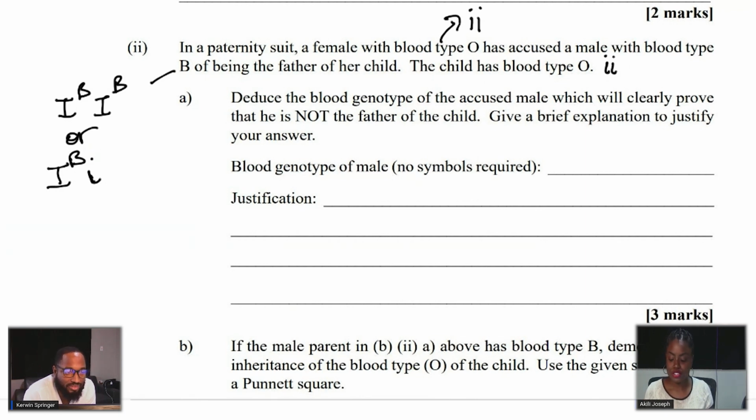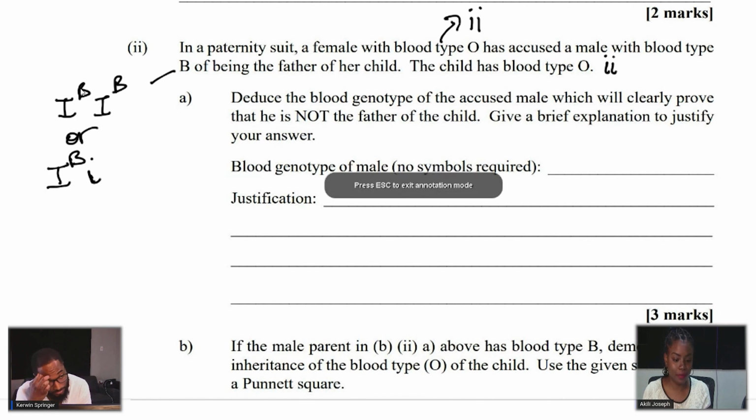Yeah? And remember, just in case we didn't have this together so far, for mommy and daddy, you're going to get 1 copy from each parent, right? So from mommy, you could only get I's, the small I's. You could only get this one without A or B. You could only get this one from mommy. Daddy, if daddy is this, then you can only get the B antigen.